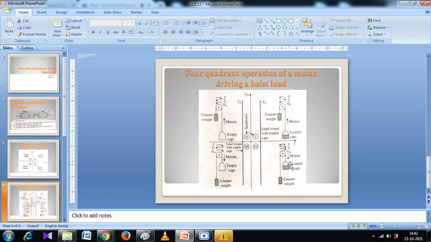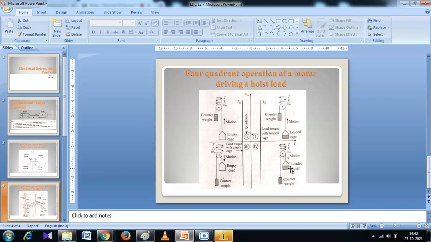Due to gravity, because the cage is loaded, what will try to happen?